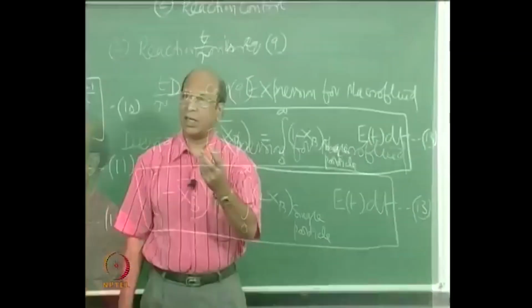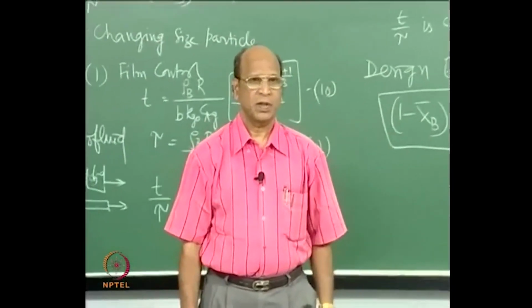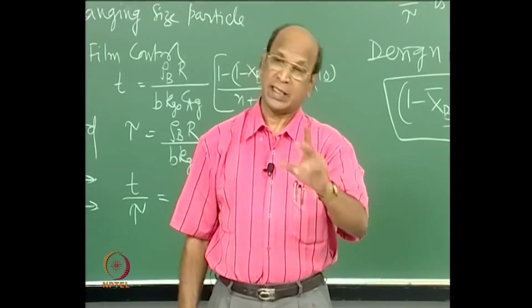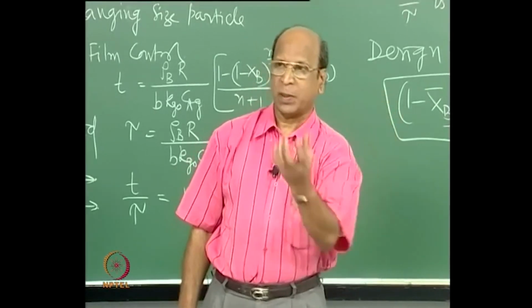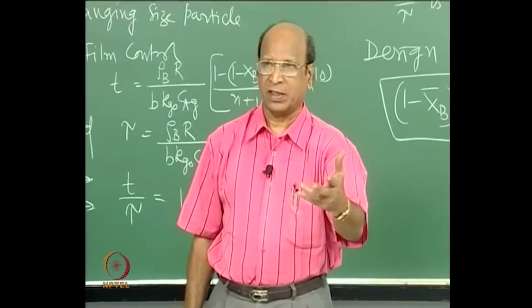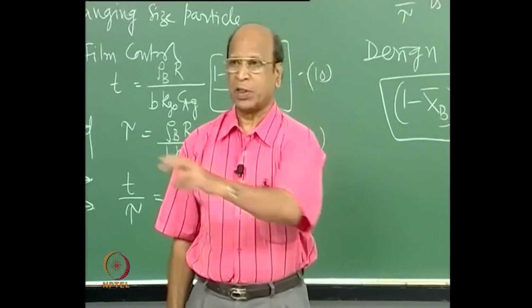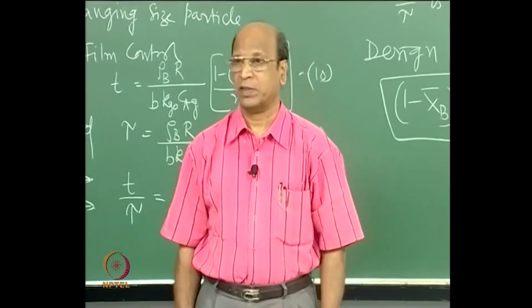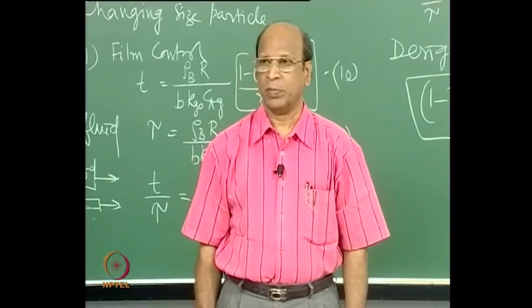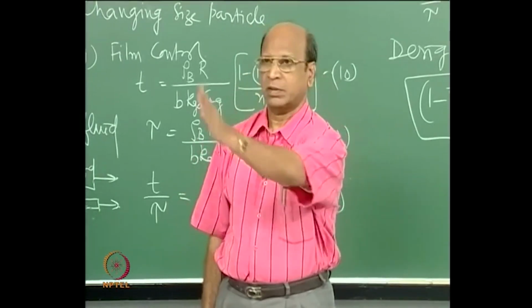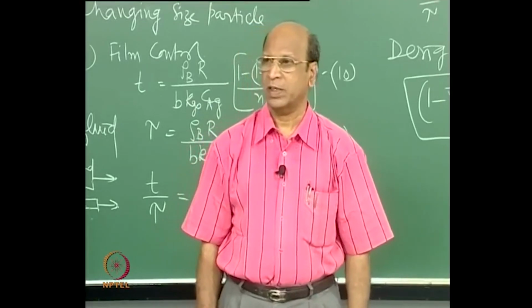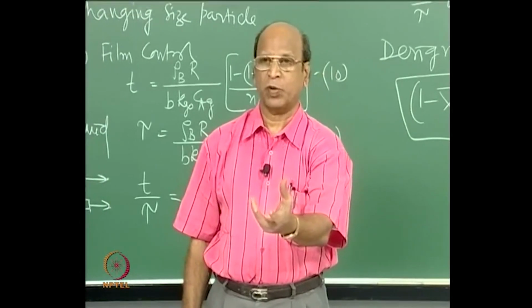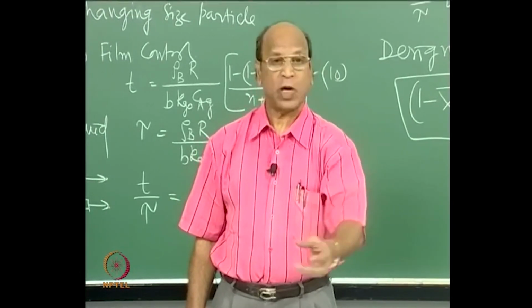If I do not have an ideal mixed flow reactor, then we have a mixed flow reactor with dead space, because mixing is not perfect. That happens many times in fluidized beds also, because some part of the bed is not fluidizing that vigorously. In industry you will have 3 meter, 4 meter diameter fluidized beds, and 4 meters is maybe three-fourths of this room. Some part may be very active, some part may not be active because of non uniform distribution of gas. That is why you have dead spaces there.